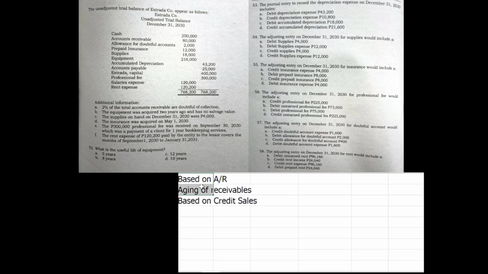Okay. So, etong dalawang to, kapag yung provision natin is naka-based on account receivable and aging of receivables, yung makukuha natin na amount dito is yun na yung ating allowance for doubtful accounts.